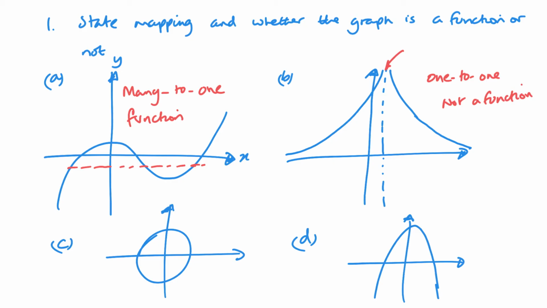So every x value must have a y value. In this particular case, wherever this asymptote is, say it was at x equals 2, that value 2 doesn't have a y value, it doesn't have a value for its range. Because of that, it cannot be a function.